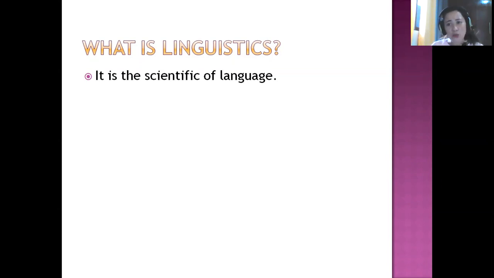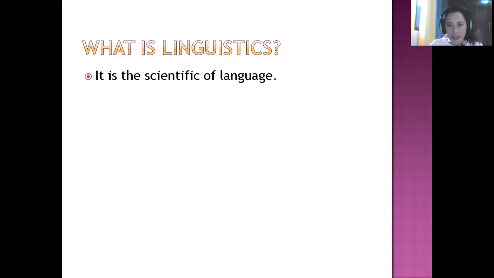And how to have a systematic study of language? Simple. We will go from the very minimal feature of language to the very vital feature. So what is the minimal? Of course, the sound units, or the production and perception of sounds.